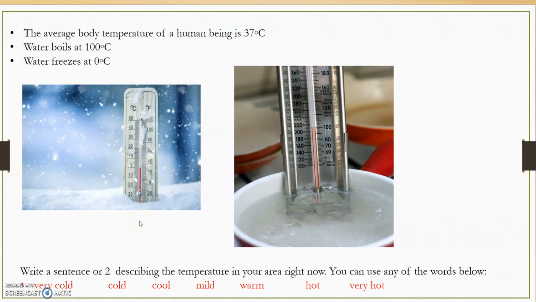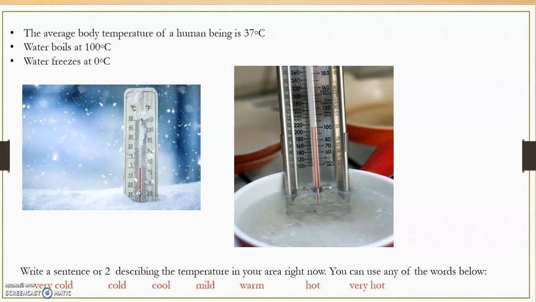So, this is how you read your temperature for the day. You use an instrument called a thermometer, and inside the thermometer you've got a special liquid called mercury, which is actually a metal, which is liquid at room temperature. And when it's hot, it expands and it rises along the glass tube until it measures the temperature.